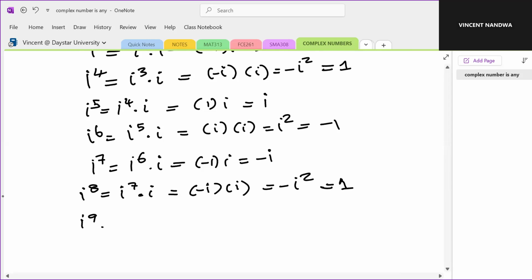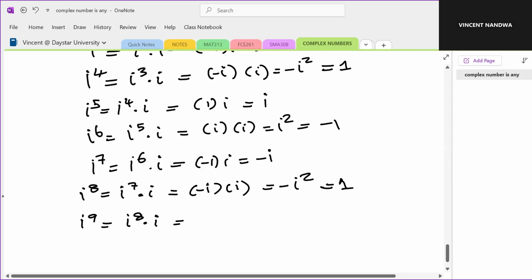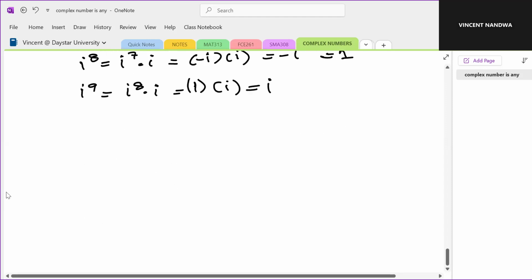Then i power 9 is the same as i power 8 times i. But i power 8 is 1 from the previous step. So 1 multiplied by i just reduces to i. Then i power 10 is the same as i power 9 times i.